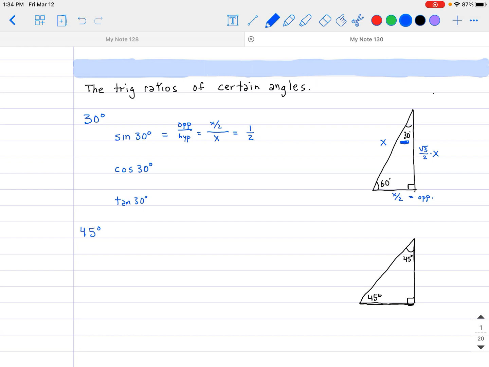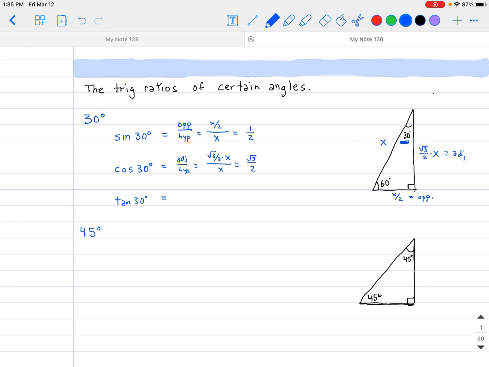For cosine, we can do it the same way. Cosine is the adjacent divided by the hypotenuse. The side adjacent to the 30 degree angle is this one right here, so my answer is root 3 over 2 multiplied by x, divided by the hypotenuse, which is x. With all the x's canceling out, it's going to be root 3 over 2 numerically.